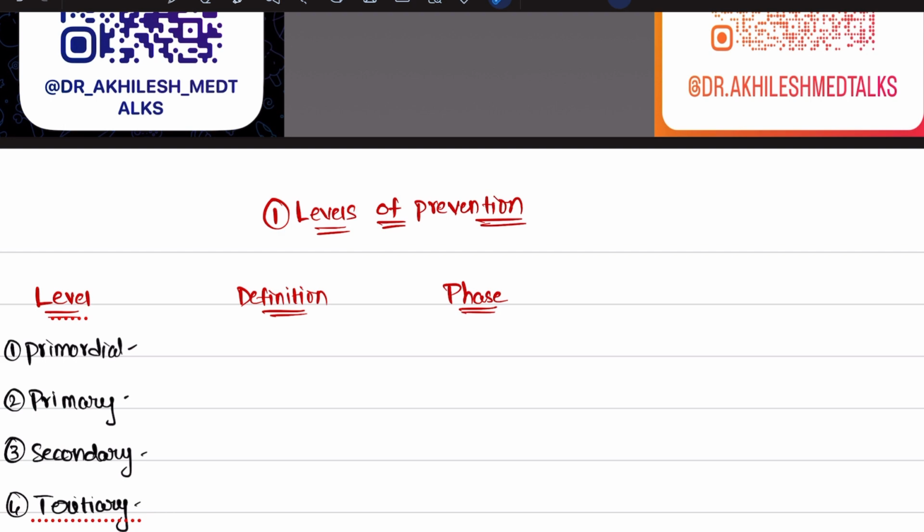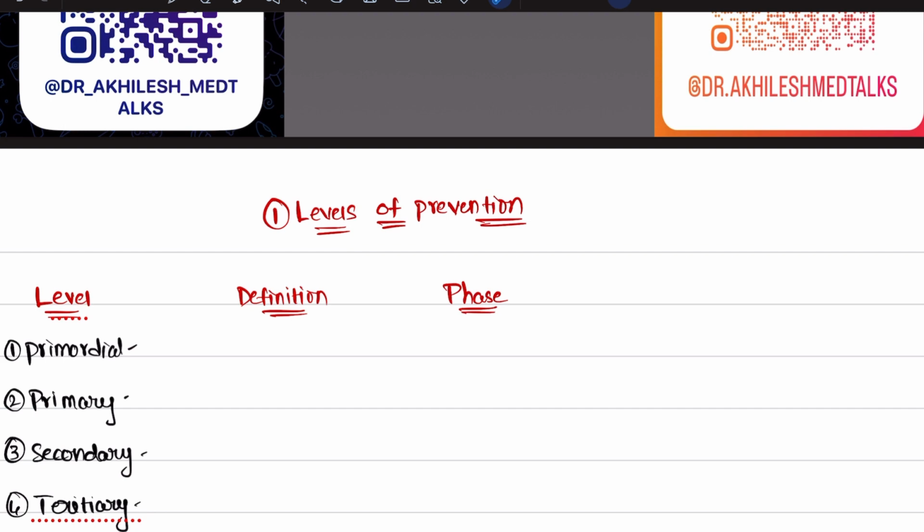What is the tertiary level of prevention? Here the patient is having the disease already. Let's say the patient is having cancer, what we are going to do is prevent further complications. If the patient is a chronic smoker, we'll send him to a rehabilitation center to prevent further complications.